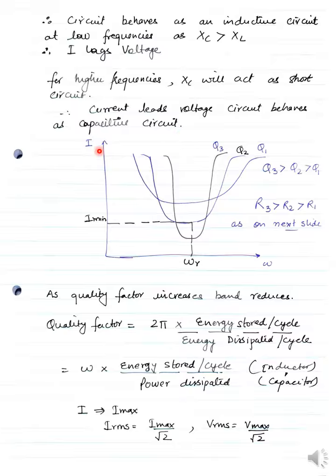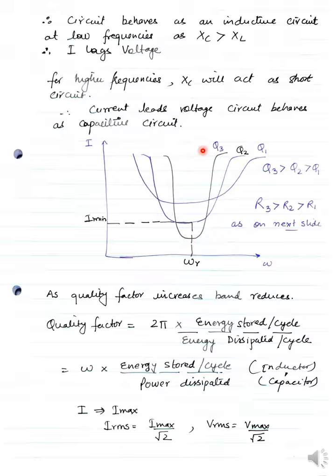Now, if we plot I with respect to omega, if this is my resonant frequency, and for different quality factors we are plotting it. So we are using three different quality factors, Q1, Q2 and Q3, and Q3 is greater than Q2 is greater than Q1. Then the curve will be of this form for Q1, Q2 for this, and Q3 for this.